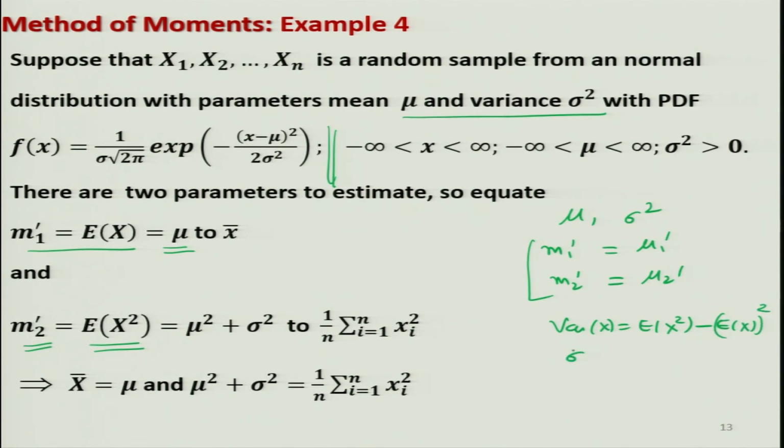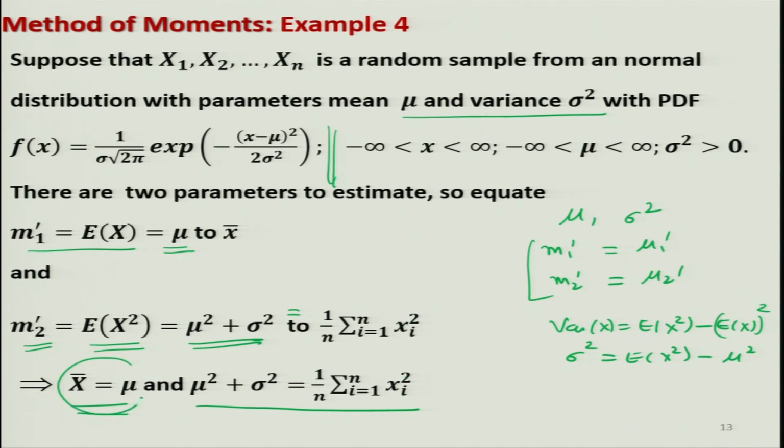The variance here is sigma square, so expected value of x square minus mu square. So, you can very easily compute that expected value of x square is equal to mu square plus sigma square. So, we equate mu square plus sigma square to 1 upon n summation i goes from 1 to n of xi square, right. So, we equate x bar equal to mu, and mu square plus sigma square equal to 1 upon n summation i goes from 1 to n of xi square.